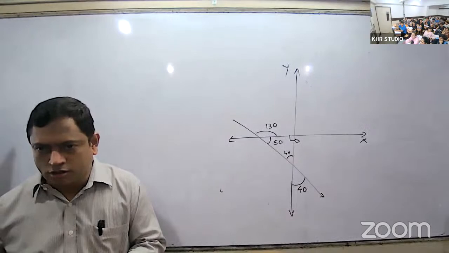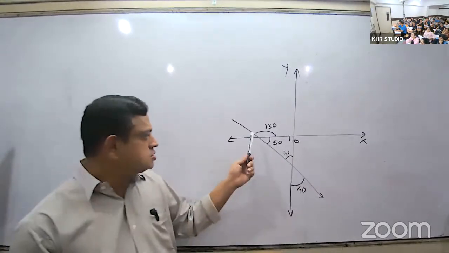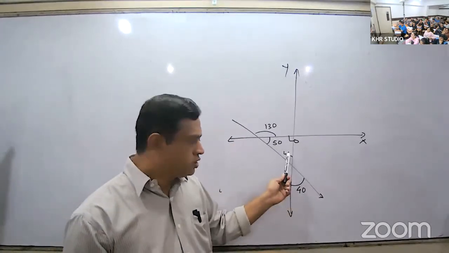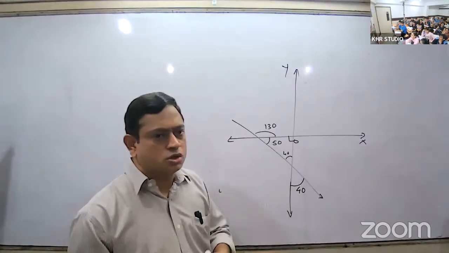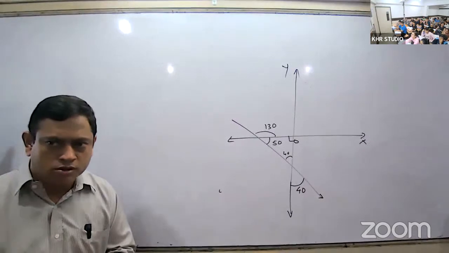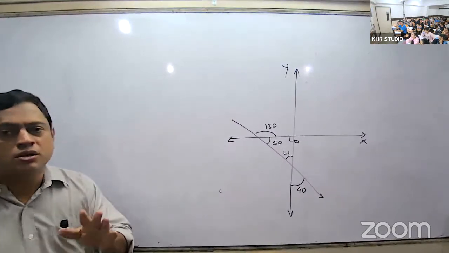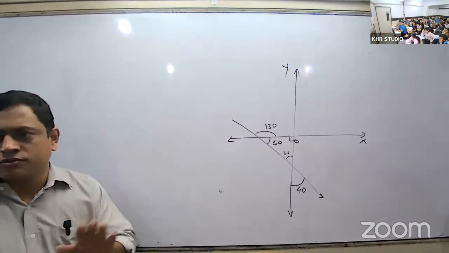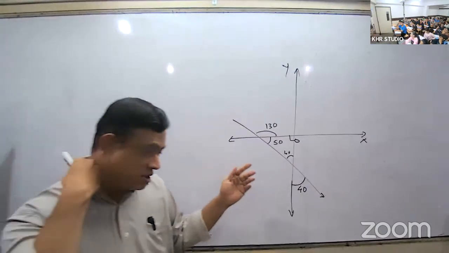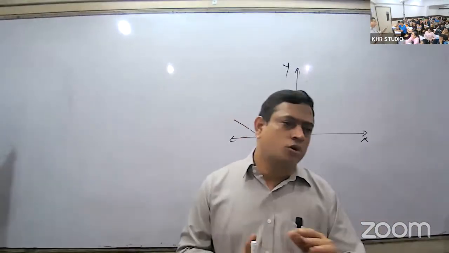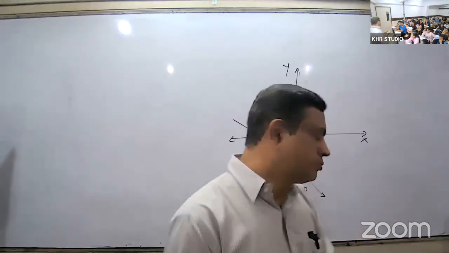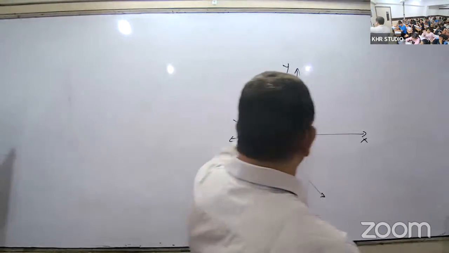See, this angle is coming now, vertically opposite. And this is 50, therefore this is equal to 130. This is the way you have to find out if the figure is given. Next, heading below.